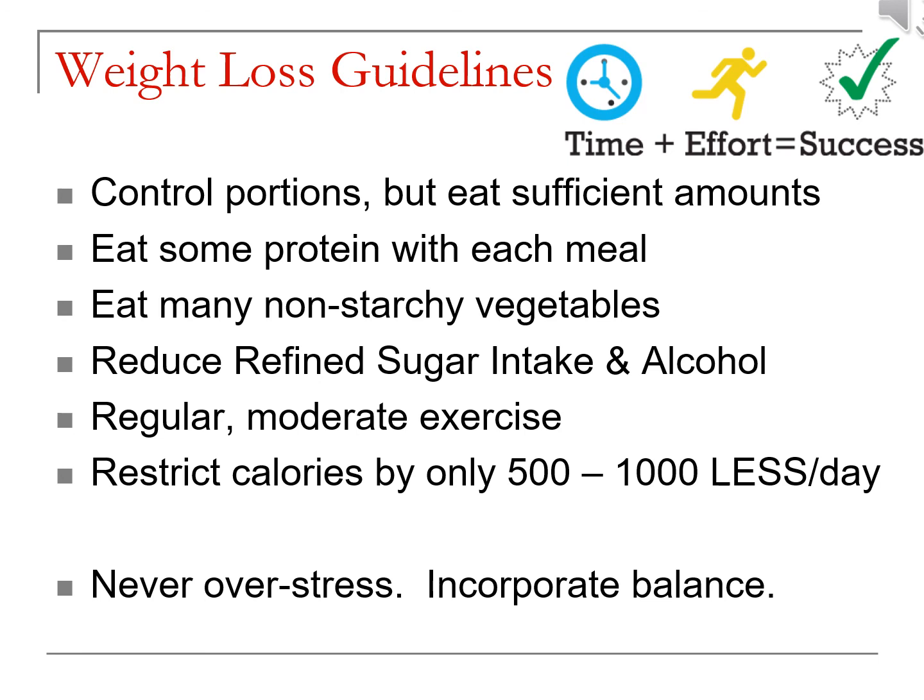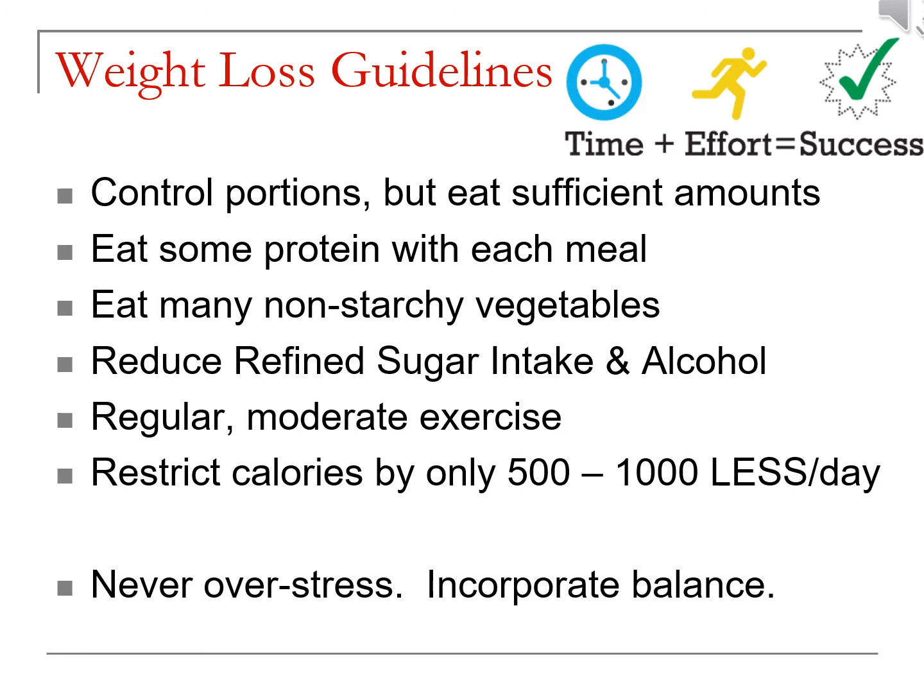Do regular, moderate exercise, even if it's only for 20 to 30 minutes a day. Doing some exercise is going to be beneficial. And only restrict your calorie intake by 500 to 1,000 calories maximum, less than what you would require per day. So if you require 2,500 calories, having about 1,500 to 2,000 calories per day would be an effective way to lose weight.